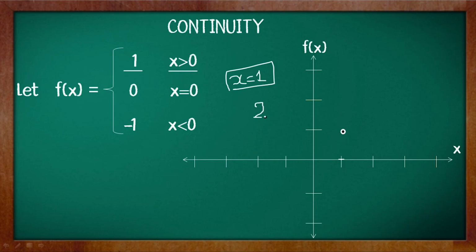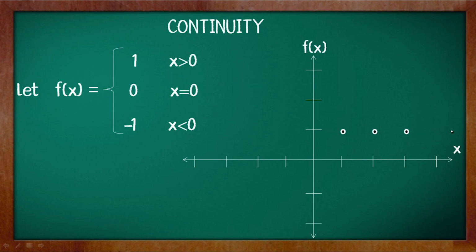Again, if I take x to be 2, that will give us x greater than 0, so f(x) will again be 1. So this is the other point. Again, if I take x equal to 3, then again f(x) will be 1, and so on. I'll keep on getting points here. So there will be a straight line passing through these 3 points.